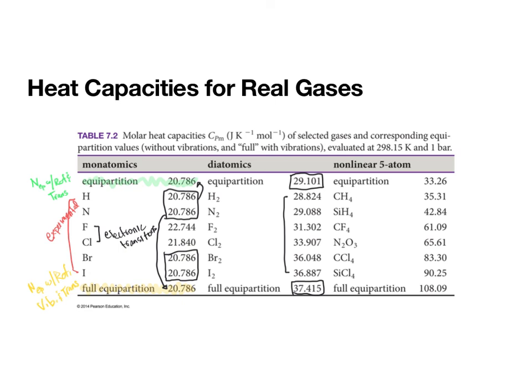And we start seeing things where heavier atoms look more like full equipartition. Lighter atoms look more like the simplified equipartition. Okay, so bottom line here is that we can approximate these things with the equipartition theorem. It does work, but it is an approximation.